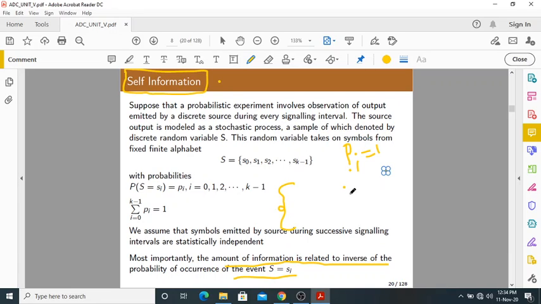Suppose there are 10 symbols and one symbol has a probability of 1. What about the remaining symbols' probability? It has to be 0. Why? The sum of all probabilities is equal to 1. So if any one symbol occurs with a probability of 1, obviously the remaining symbols don't occur, which means their probability of occurrence is 0. This symbol is called a certain symbol, or a sure symbol. I hope you know these things already.